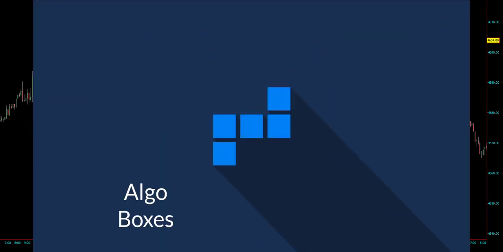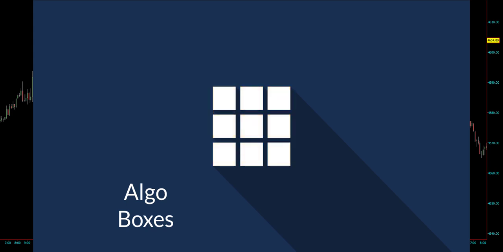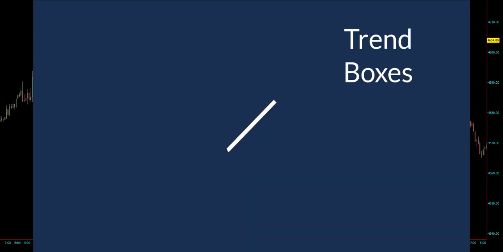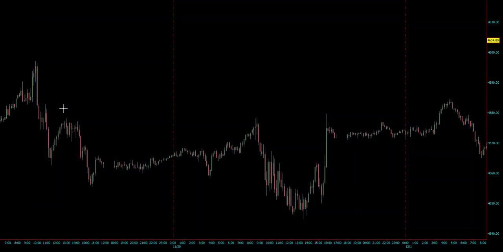Welcome back. In this quick demonstration, we are going to try and solve two things with two different tools. First is to find out the trend bias and potential direction.